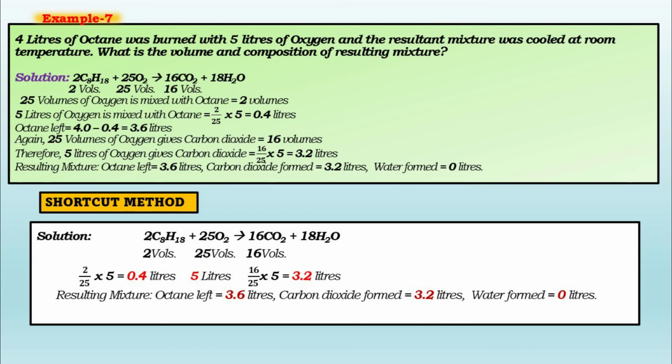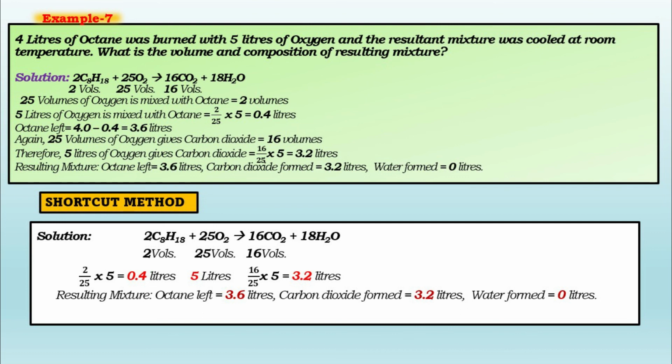So 25 volumes of oxygen react with 2 volumes of octane. So 5 liters of oxygen react with octane 2 by 25 multiplied by 5, that is equal to 0.4 liters. So octane left is equal to 4 liters minus 0.4, that is equal to 3.6 liters. Again, 25 volumes of oxygen give 16 volumes of carbon dioxide.